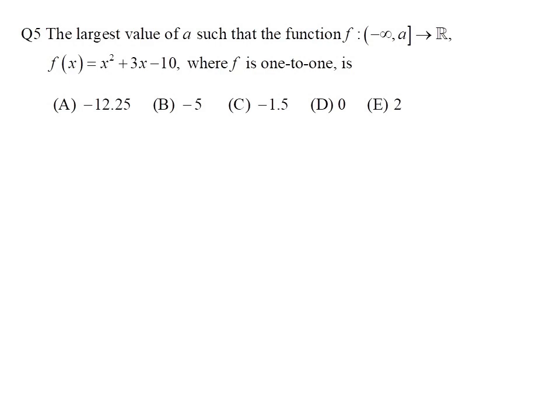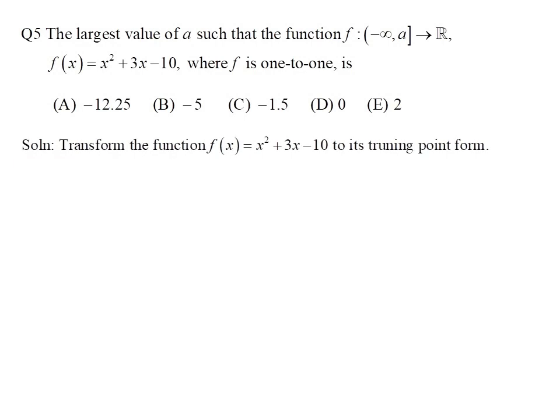Question 5 is to find the largest value of A, such that the function f of x, which equals x squared plus 3x minus 10, with its domain less than or equal to A, is a one-to-one function. To find the largest value of A, we need to rewrite the quadratic function in turning point form. To achieve that, the method of completing the square is employed here.